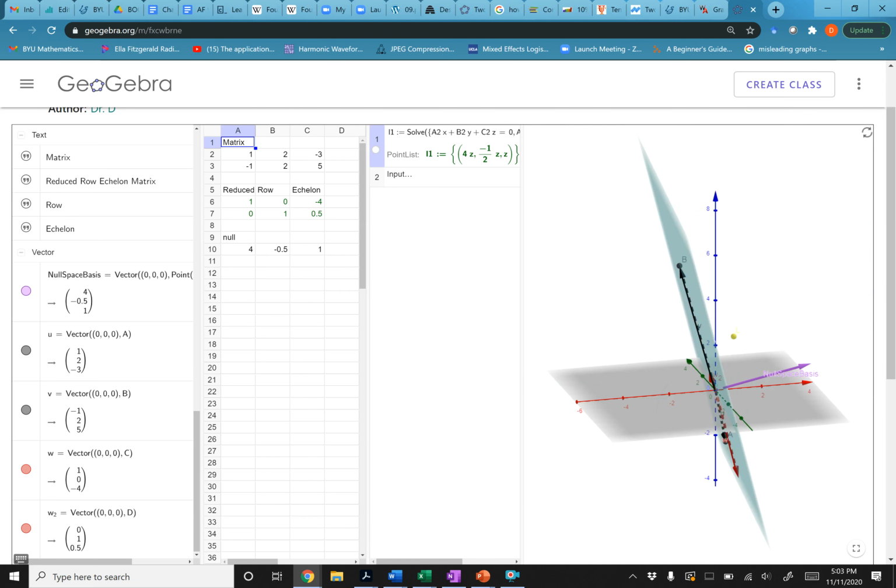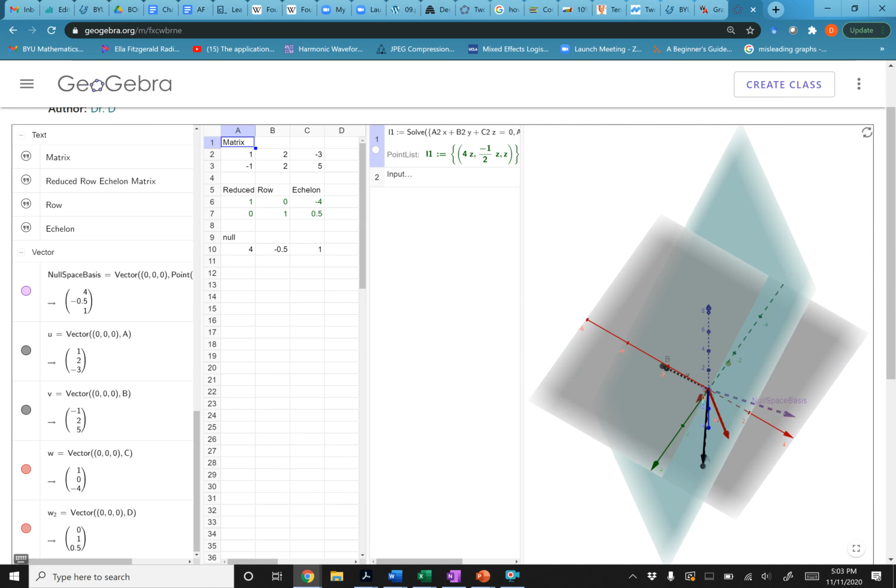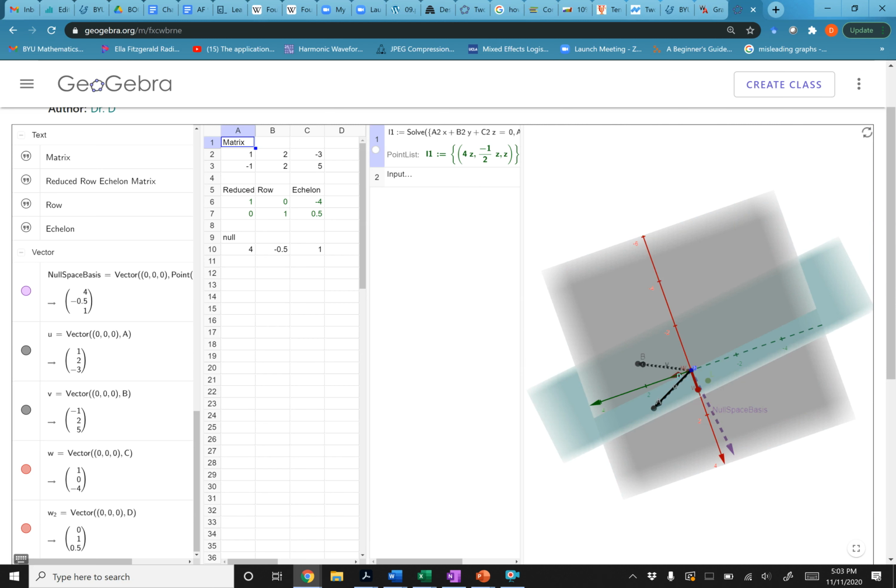So to be orthogonal to a plane, not just, so we've talked about 2 vectors being orthogonal, but to be orthogonal to a plane, a vector has to be perpendicular to all the vectors in that plane in standard position.